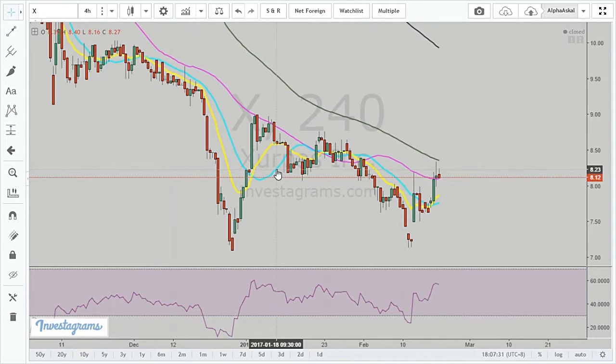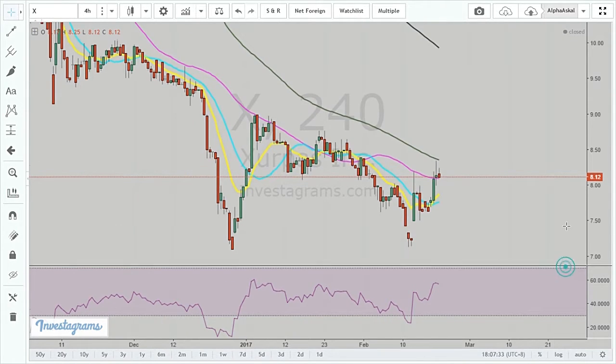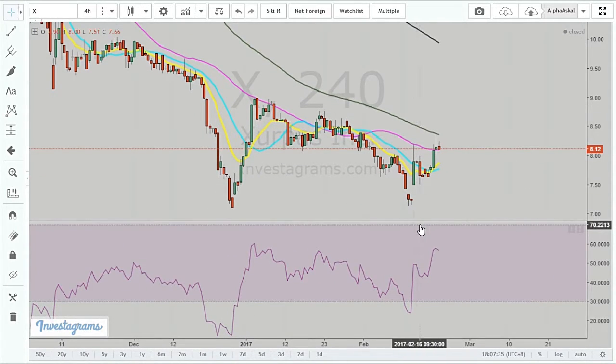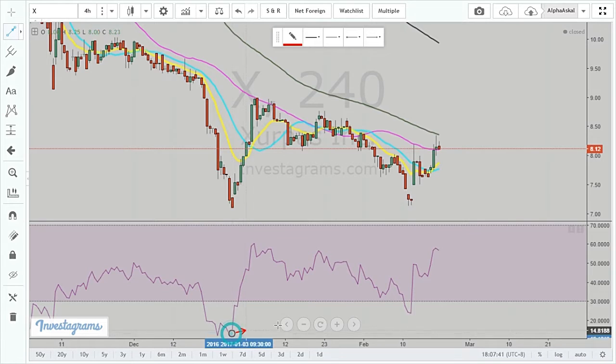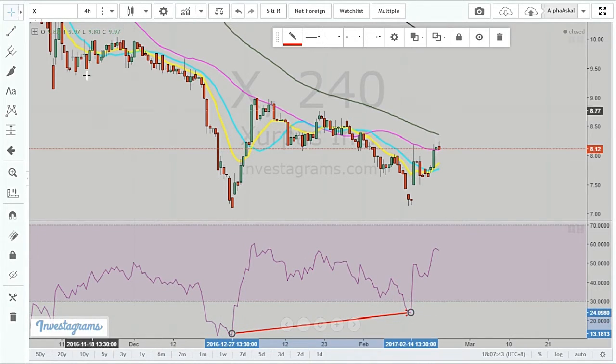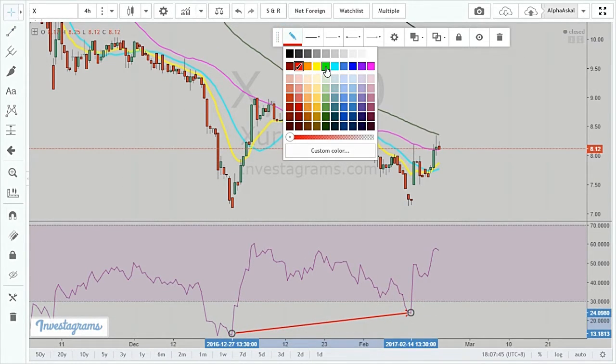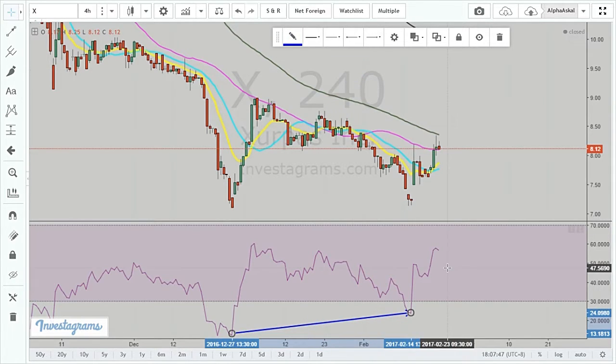Okay, so this is our oscillator. So we are looking at a bullish divergence. We're looking at the bullish divergence for X, so that's good.